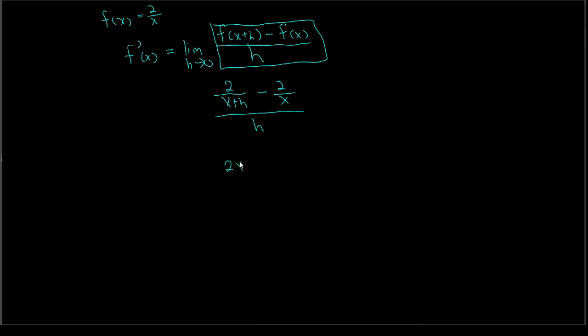So we get 2x minus 2 times x plus h over x times x plus h. Right, because this side needs x over x, and this needs x plus h over x plus h to get a common denominator. And this whole thing is over h.